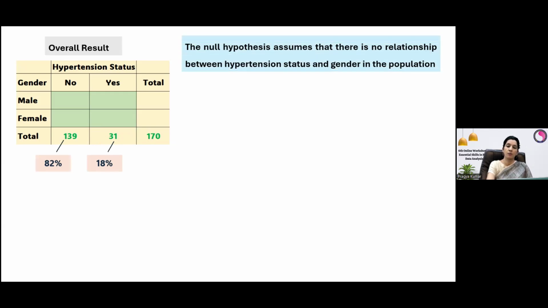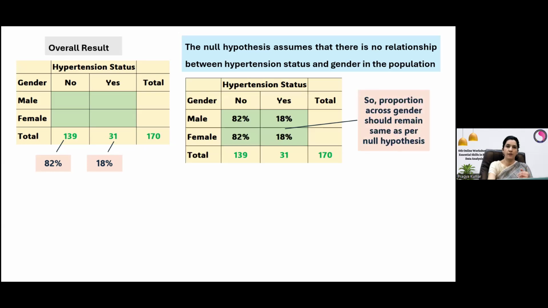Now, what does the null hypothesis assume? I have not talked about the null hypothesis, but in this case it assumes that there is no association between gender and hypertension. That means whatever is the prevalence of hypertension overall, the gender-wise proportion will also be the same. So if I go by the null hypothesis, the proportion across gender will be the same, 82% no and 18% yes.